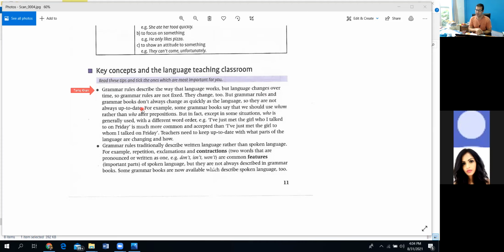Why? Because English is a language which is surviving from a long time. And why is it surviving, while a lot of languages have disappeared from the world? Like Sanskrit, the mother of languages. Is somebody speaking Sanskrit now? No, nobody is speaking Sanskrit now. Even Pali.